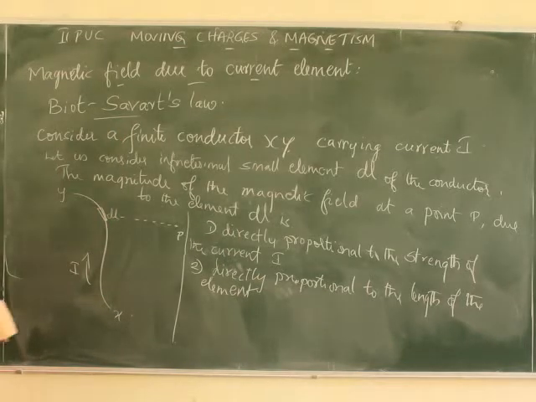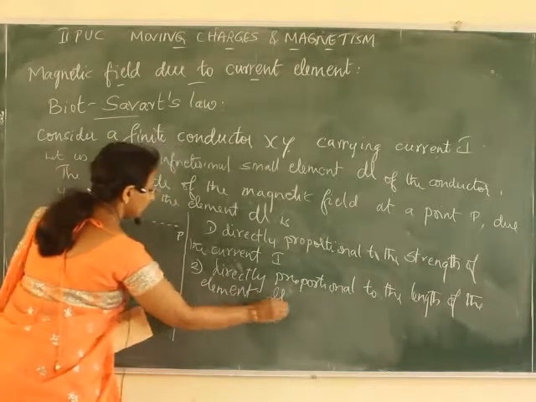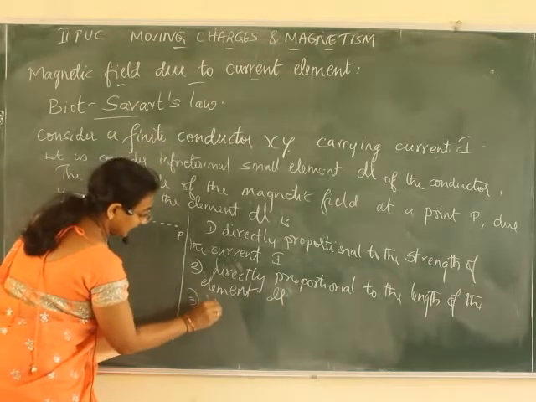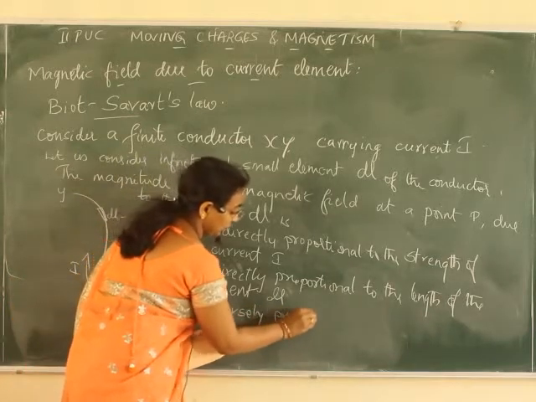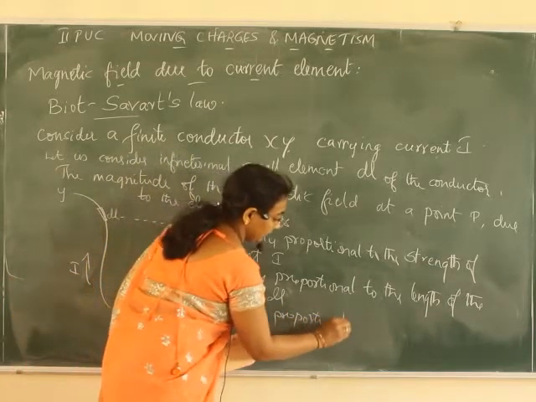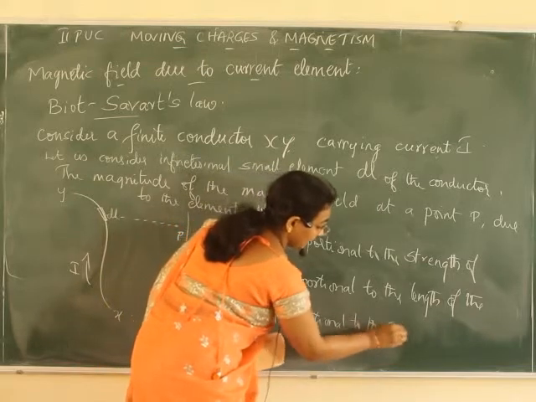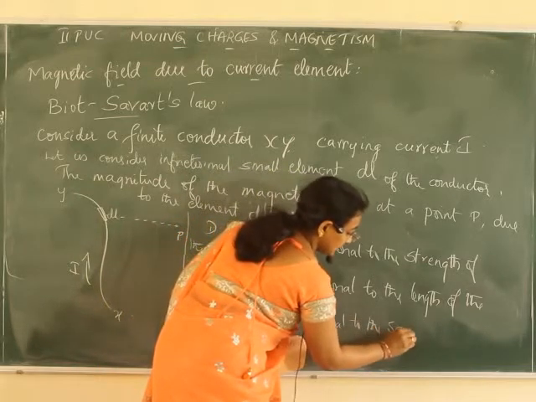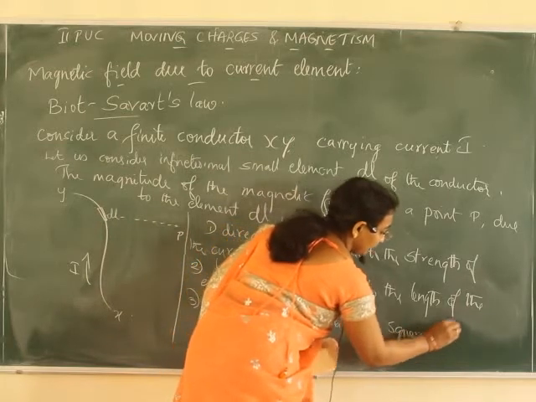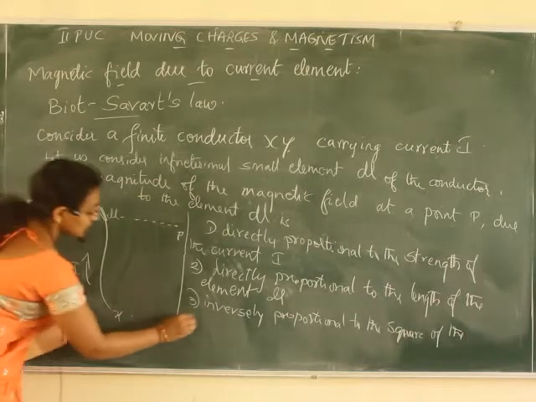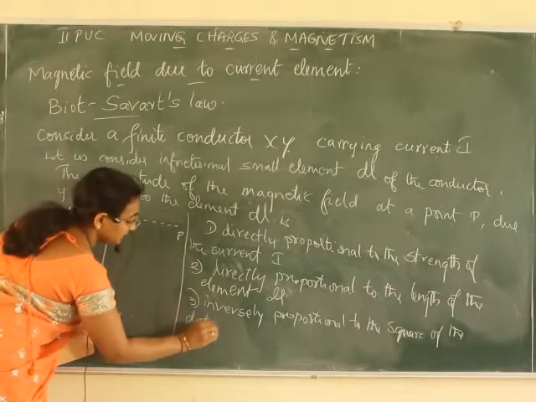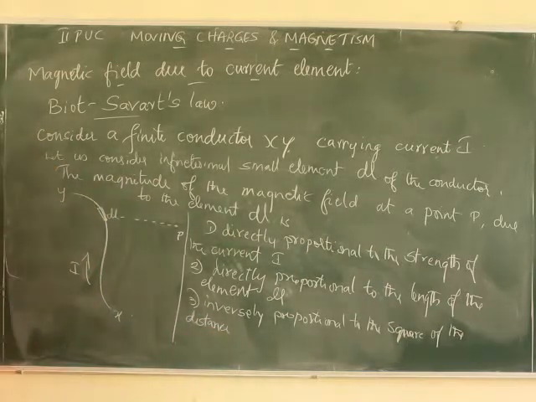The third one is inversely proportional to the square of the distance. It is inversely proportional to the square of the distance between the element and the point.